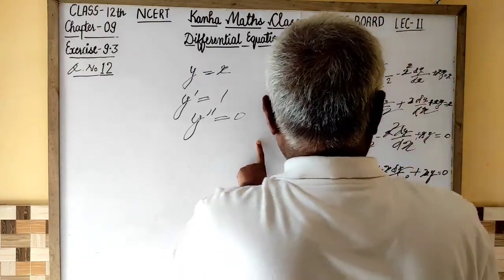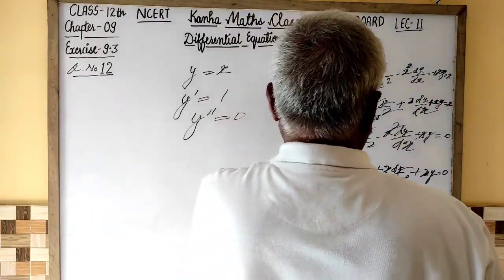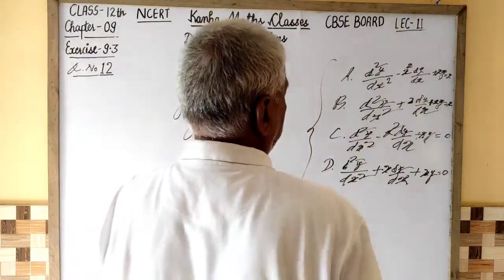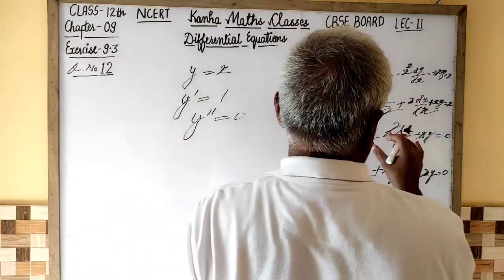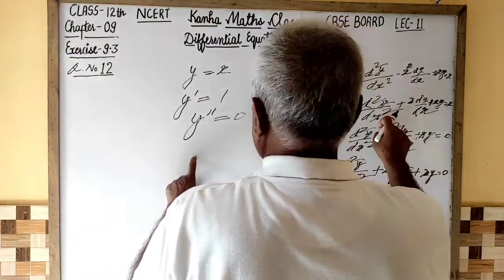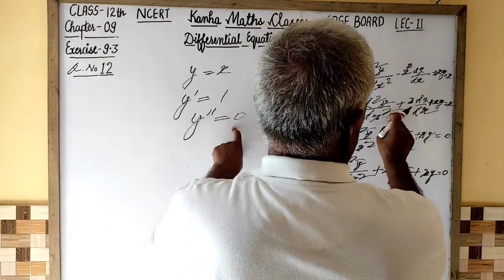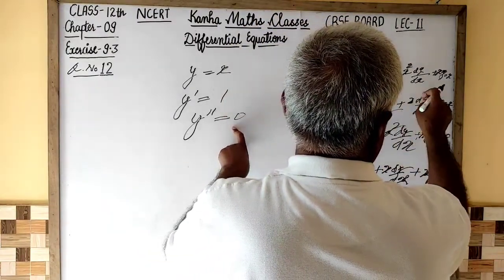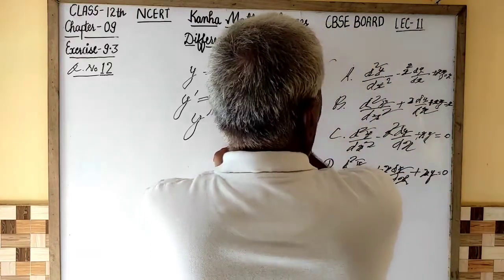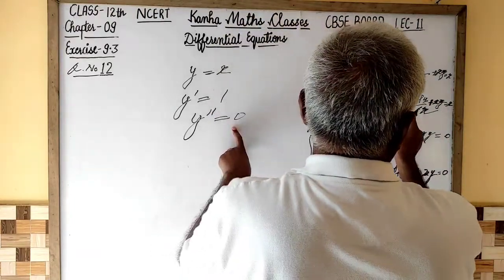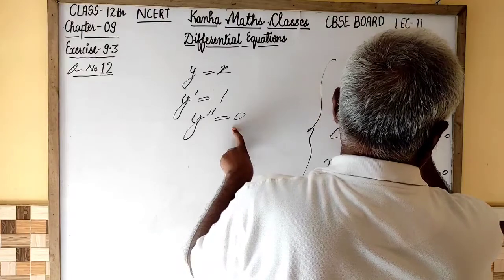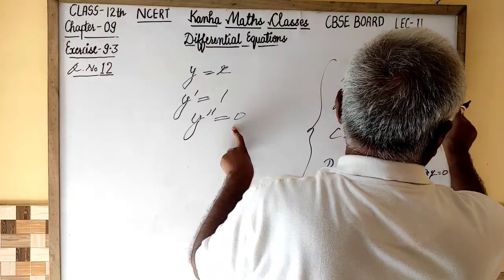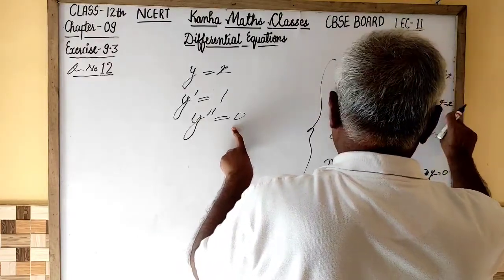This is not the correct alternative. By trying the second alternative of the differential equation, d square y by dx square will be equal to 0, and dy by dx will be equal to 1. Hence this is 0 and this is x. A plus xy will be equal to x, not possible.